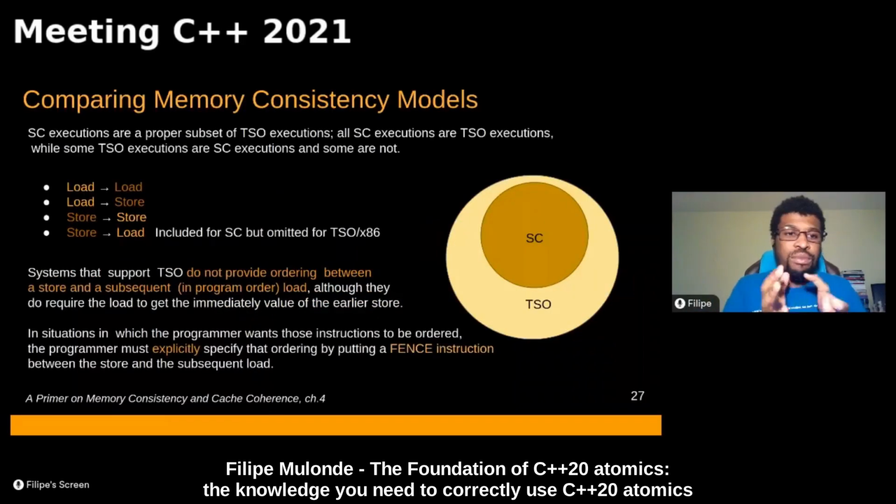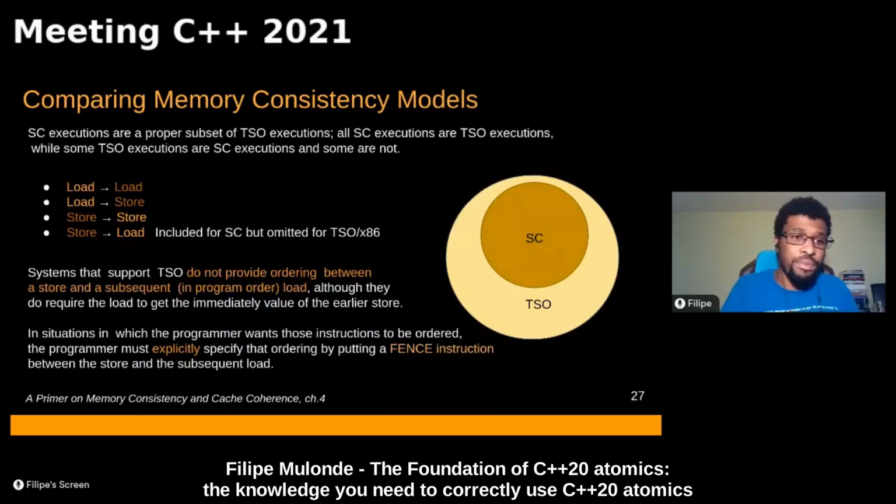So let's start by comparing the TSO memory model with sequential consistency, because we also cover sequential consistency. The TSO memory model is close to the sequential consistency memory model, but there is a difference, and we are going to see this difference now.